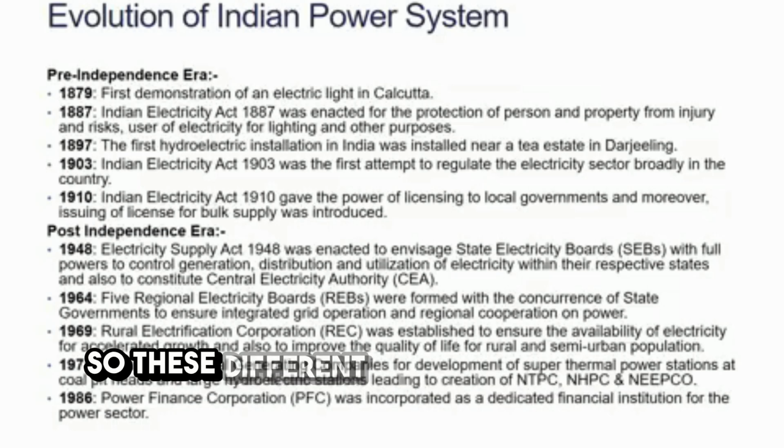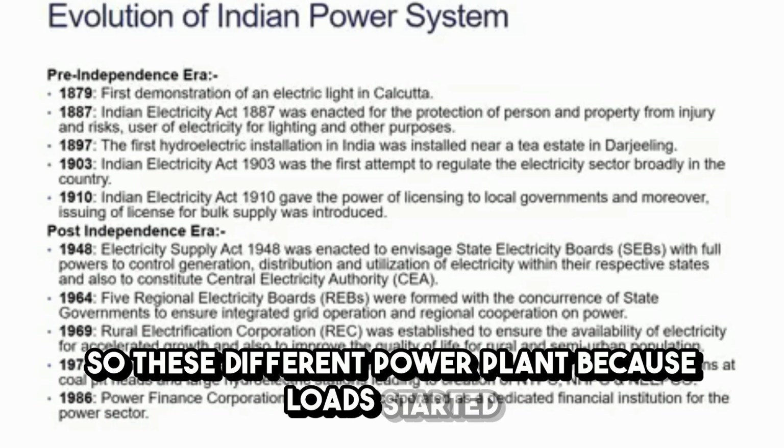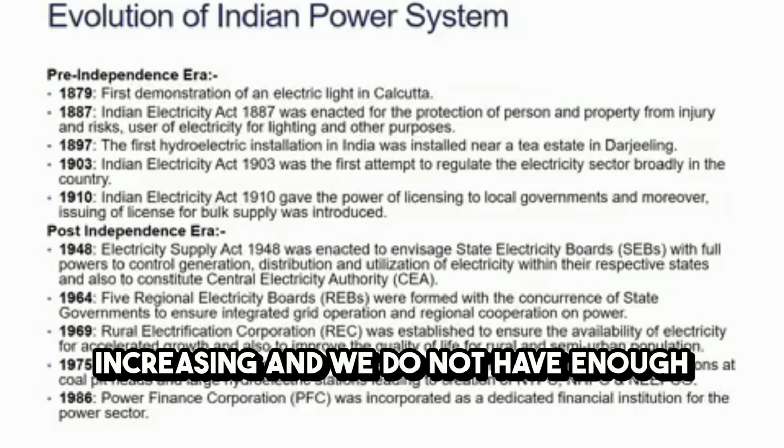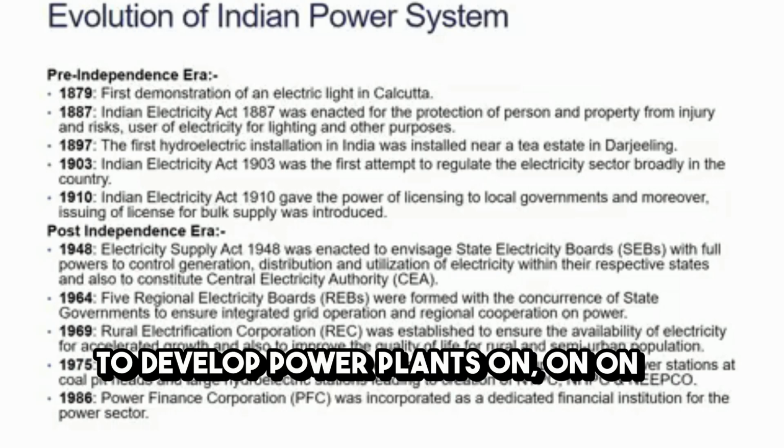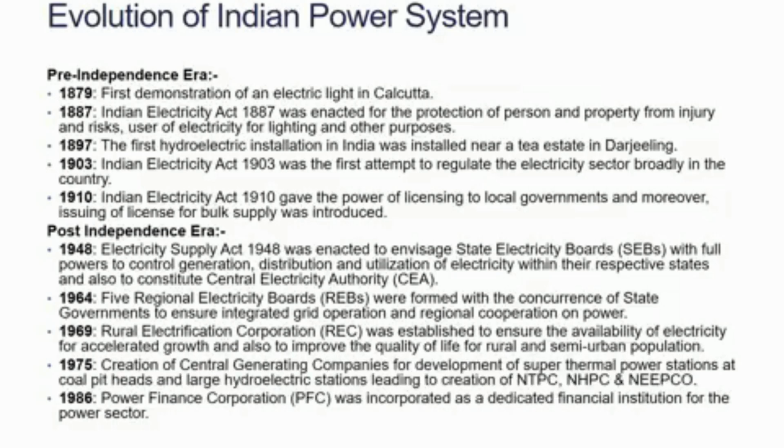Because load started increasing and we did not have enough generation, in 1975 they came up with a new rule to develop power plants by the central government.